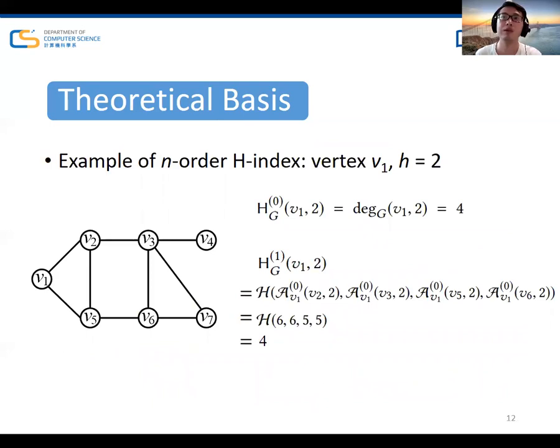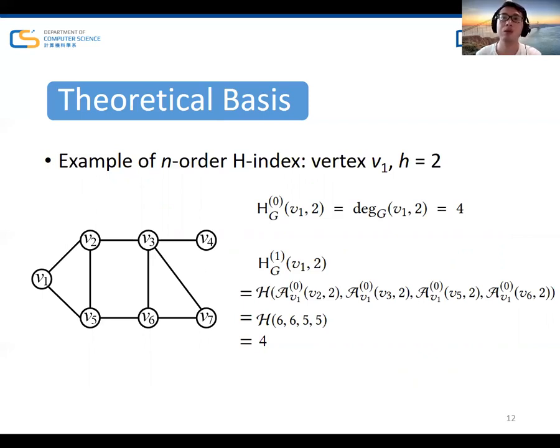We take the vertex V1 as an example and assume that h equals 2. When n equals 0, the n-order h-index of V1 is 4, since it has 4 one-hop and 2-hop neighbors, that is V2, V3, V5, and V6.